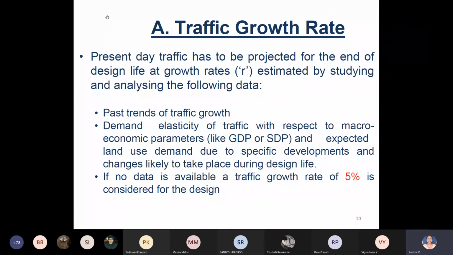That is one method. The other one is demand elasticity of the traffic with respect to macroeconomic parameters like GDP or SDP of the country, and expected land use demand due to specific developments and changes likely to take place during the design life.